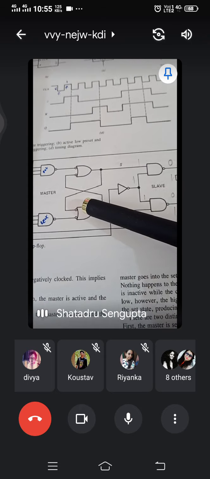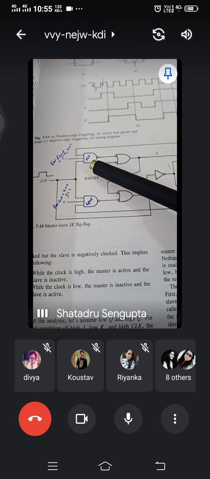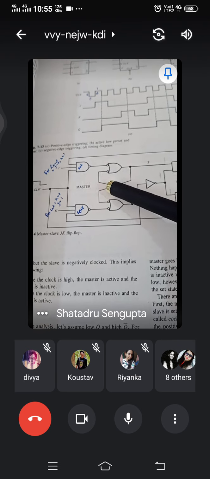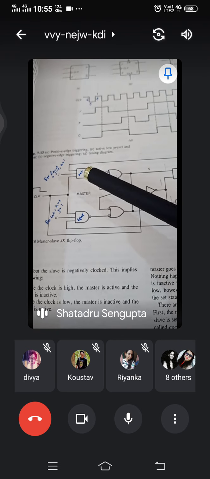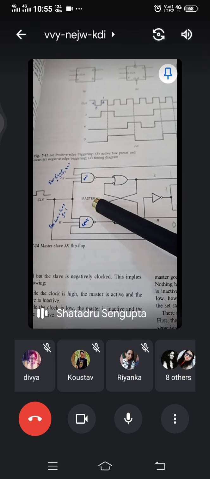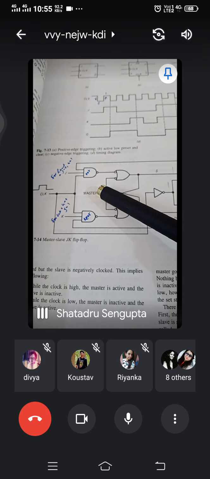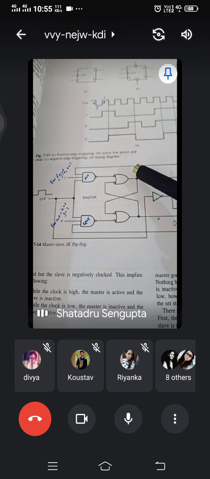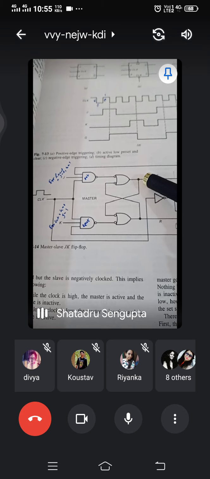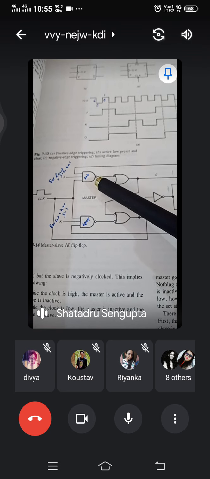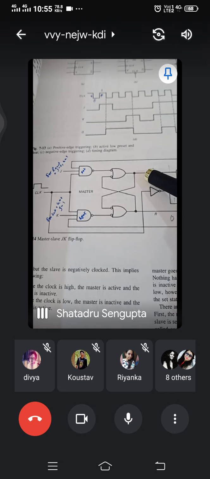So what does that do? When the clock is high, the master is active and it produces whatever you want to produce. Whatever QT was, if this was 0 and 0, it would hold. Otherwise, if set is 1 and reset is 0, then at QT plus 1 you have 1. And if reset is 1 and set is 0, at QT plus 1 you have 0.